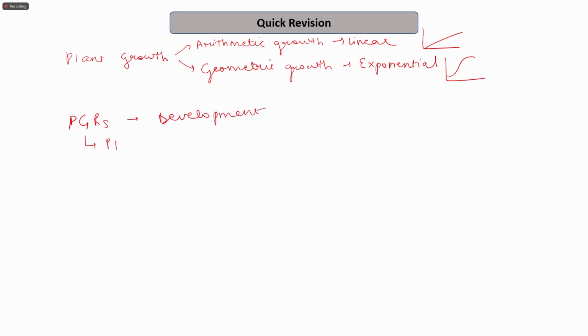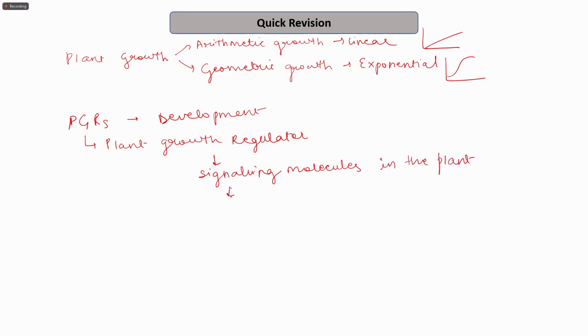So these plant growth regulators are the signaling molecules in the plant, which are secreted in very low concentration, and they may act locally as well, unlike animal hormones.